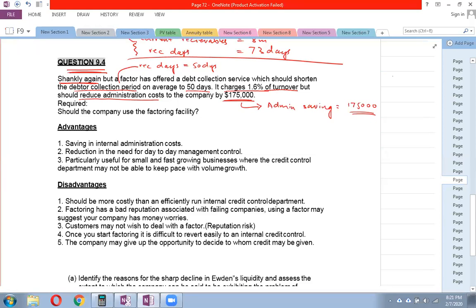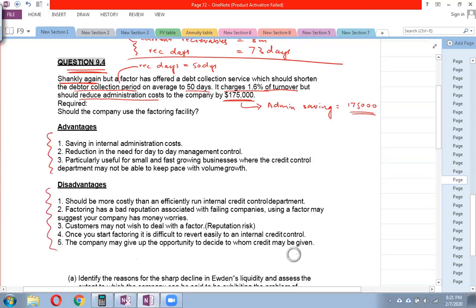You may give a bad impression in the market that this company looks like it is suffering or has some liquidity issues, and that's why they're taking the factoring facility. So it can have some advantages and disadvantages.